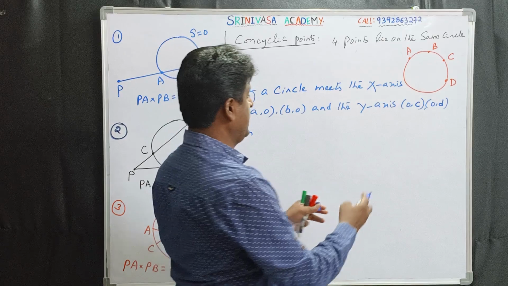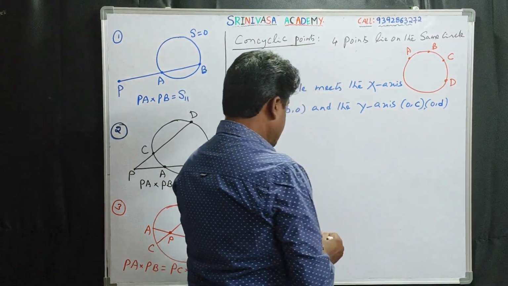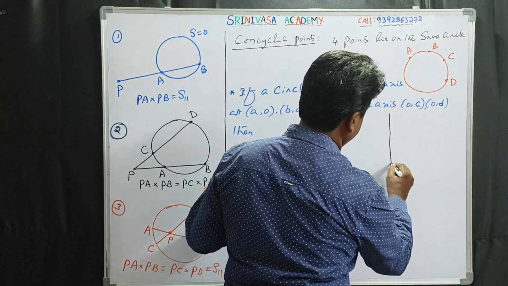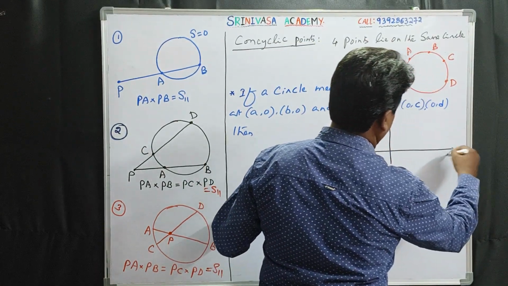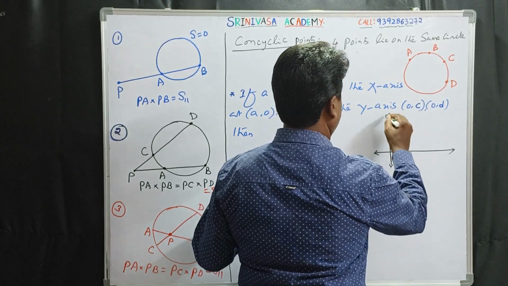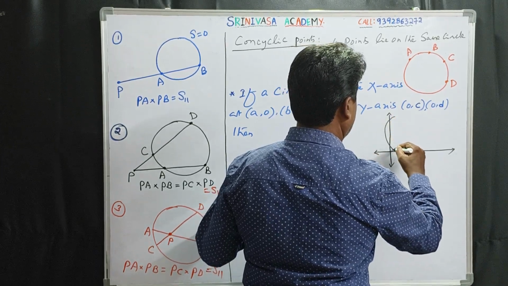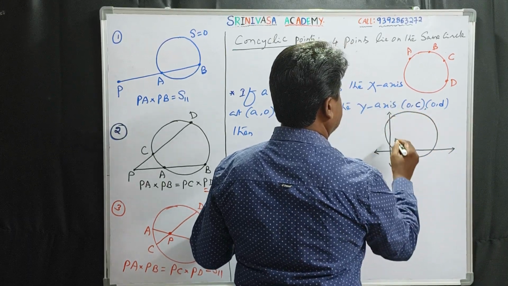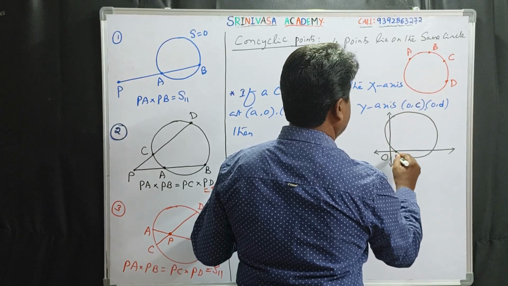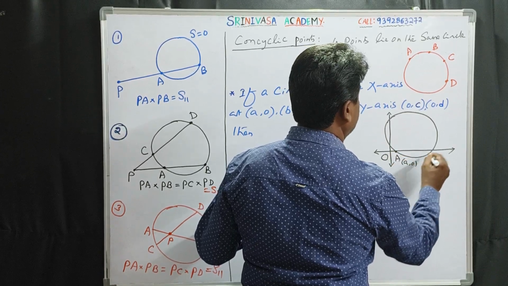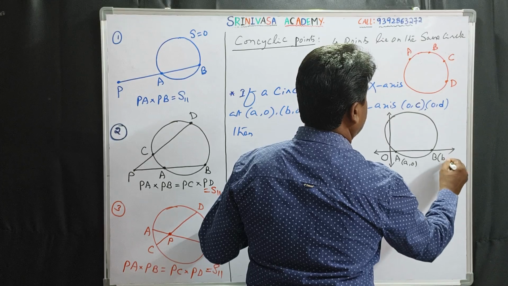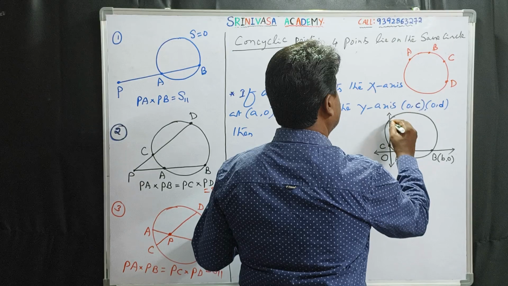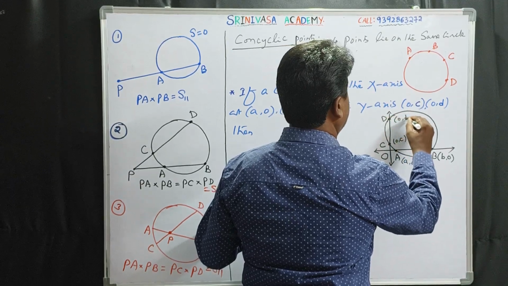Okay, do observe that the circle is intersecting both the coordinate axes in 2 distinct points. This is a circle intersecting at capital A comma 0, capital B comma 0, capital C 0 comma c, capital D 0 comma d.